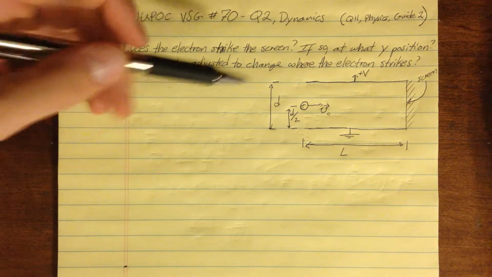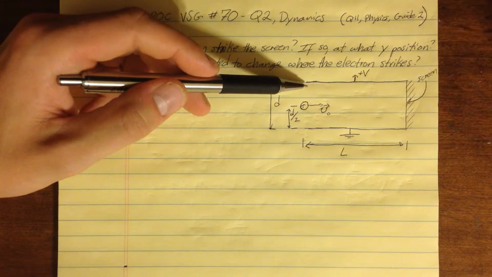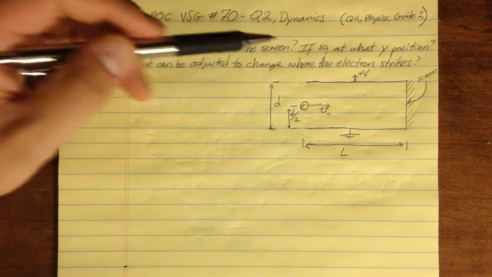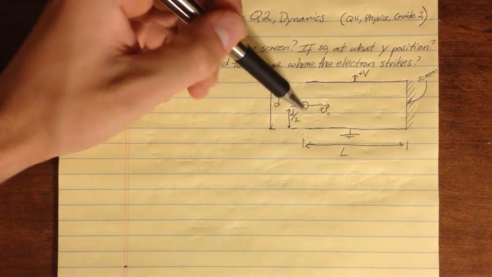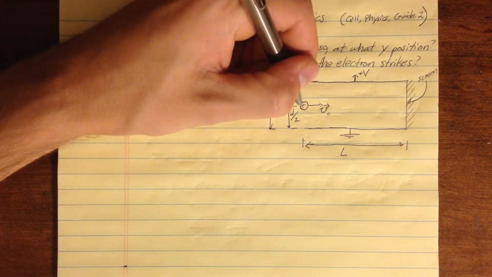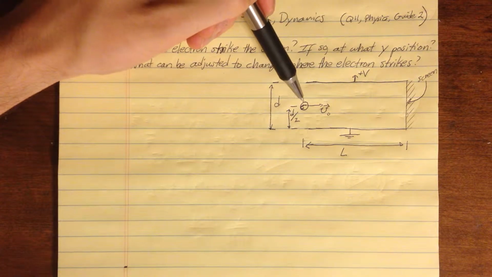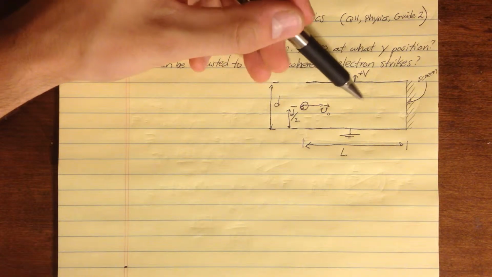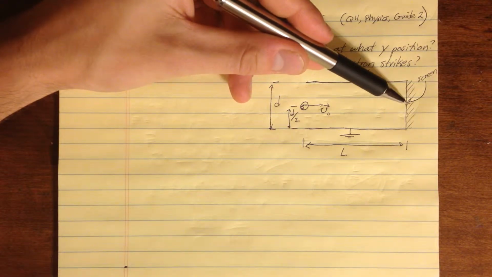This problem basically presents us with some sort of computer screen or TV, where we have some screen up here, right? And then we have a charged electron, traveling with some initial velocity in this direction and is going to strike the screen right here at this midpoint.